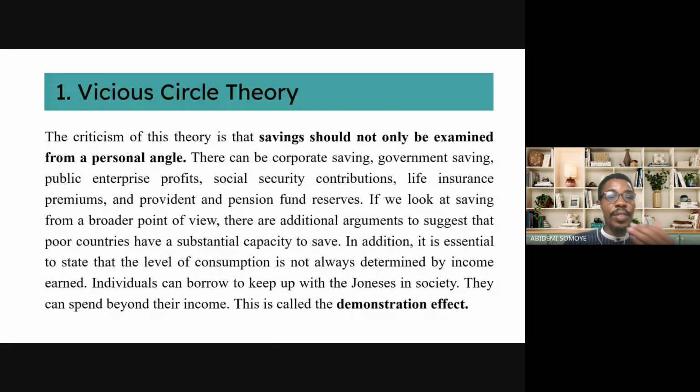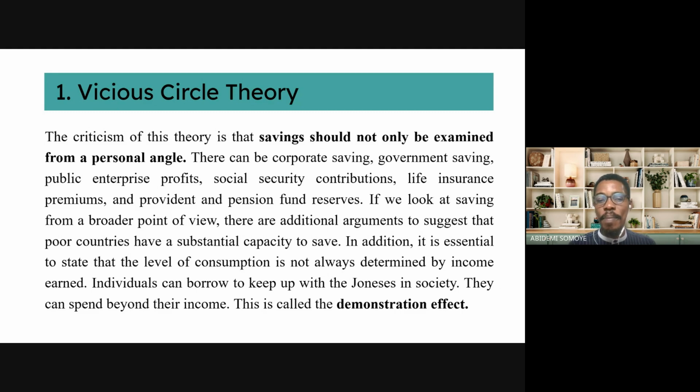The criticism of this theory is that savings should not only be examined from a personal angle. There can be corporate saving, government saving, public enterprise profit, social security contributions, life insurance premiums, and provident and pension fund reserves. If we look at saving from a broader point of view, there are additional arguments to suggest that poor countries have a substantial capacity to save.